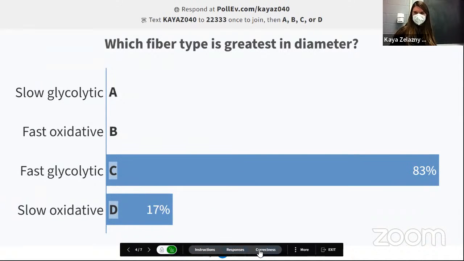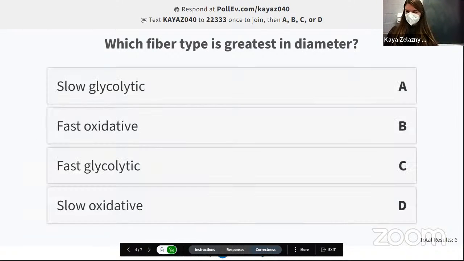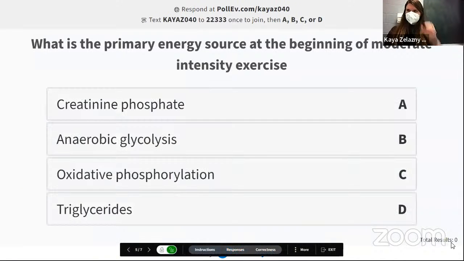Okay, yeah, great. So our fast glycolytic fibers are the greatest in diameter because we don't need oxygen to diffuse across that membrane. So let's think about energy sources.